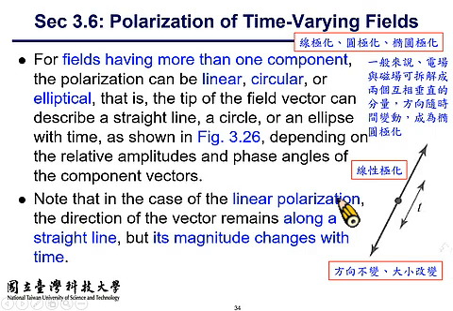And in fact, most of the electromagnetic waves you observe should be in the form of elliptical polarization. Nevertheless, we have already mentioned that linear polarization is more important toward wireless communication. Why? Because it's easier to generate linear polarization.